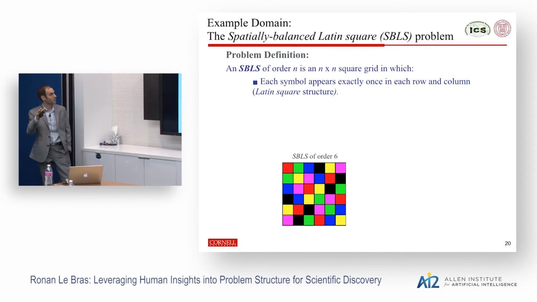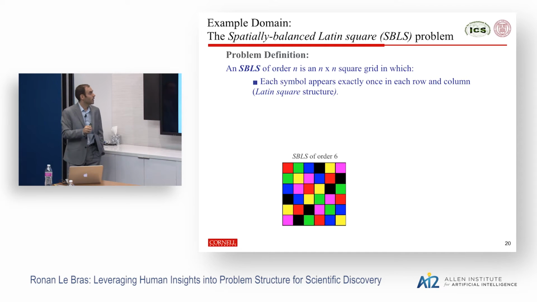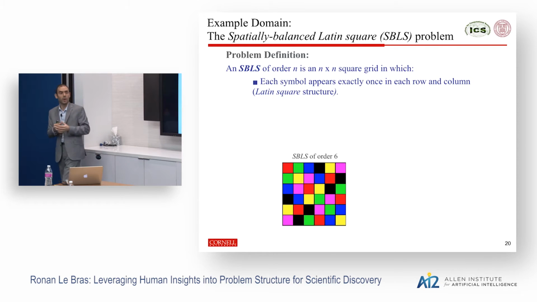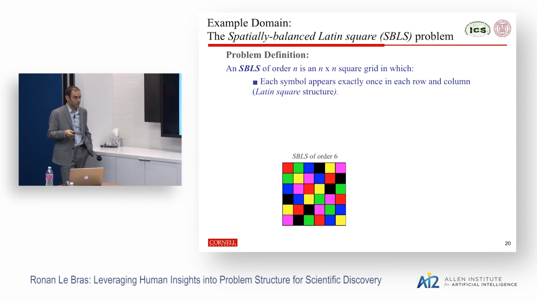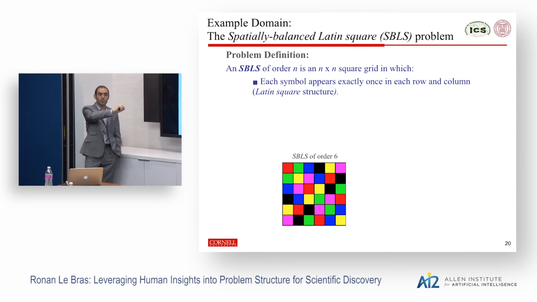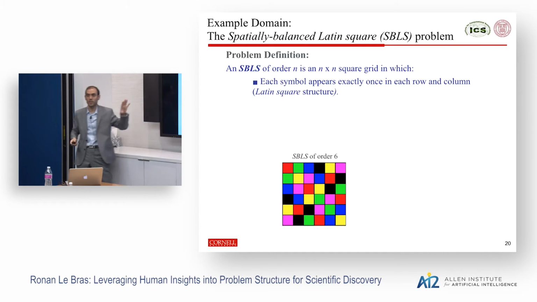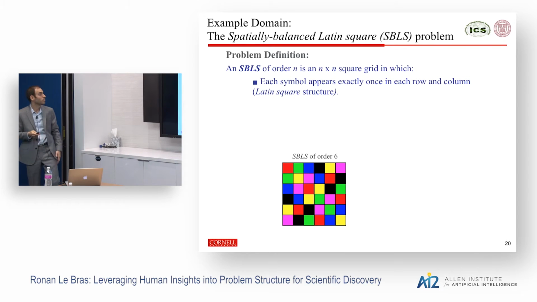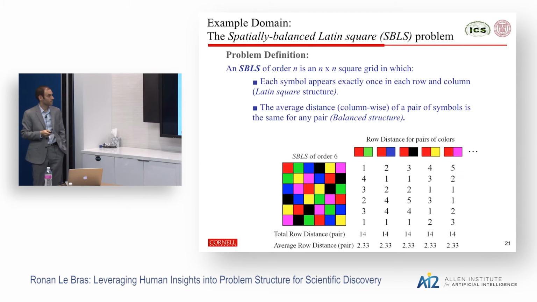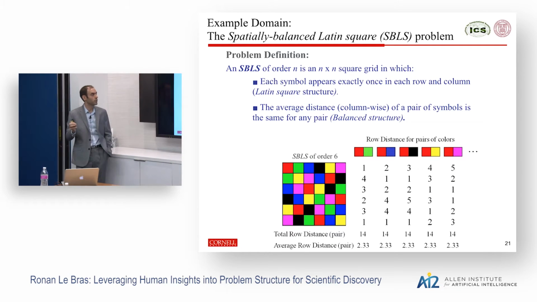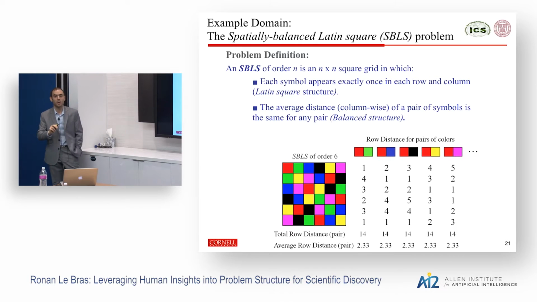You start with an n by n square, and each symbol or color represents a different fertilizer or treatment. As I was saying, you try all the treatments in each row, and you don't put the same treatment twice in the same column. This gives you the Latin square structure. On top of this, you want to make sure that the average distance between any pair of symbols is going to be the same for any pair.